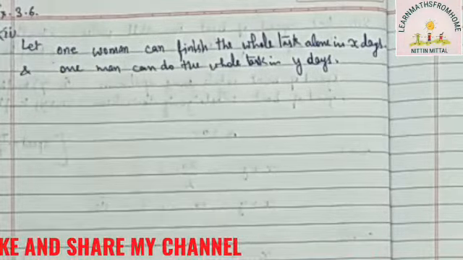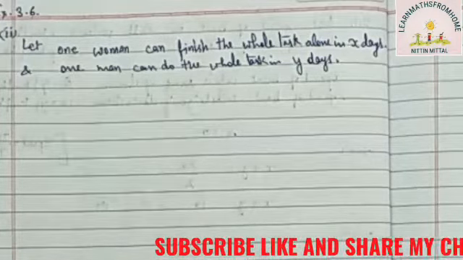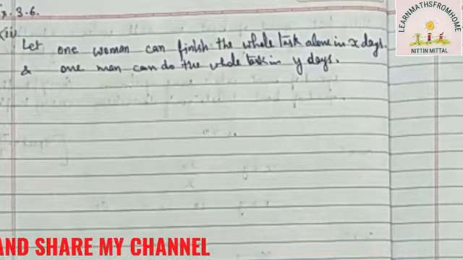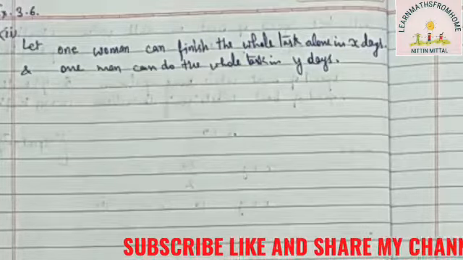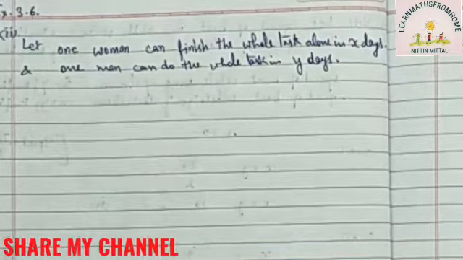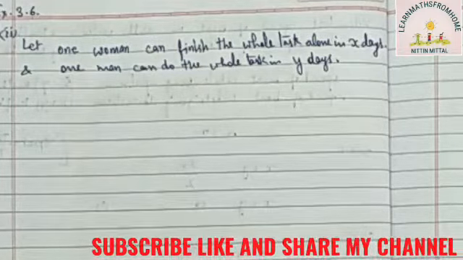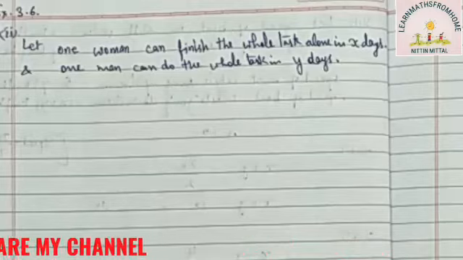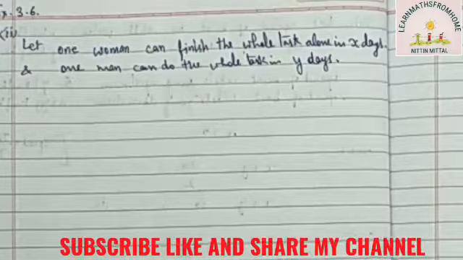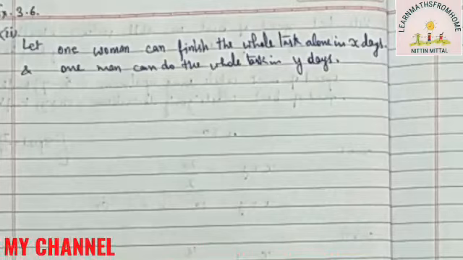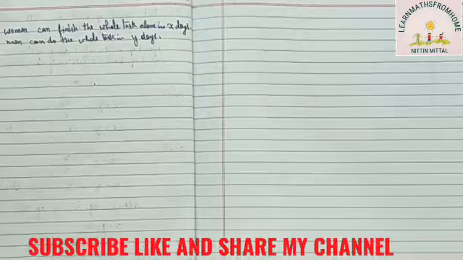Now how to move in this question? Obviously the working efficiency of women and men will be different. Now in these questions, especially in this chapter, we are going to have one assumption: suppose there are 5 women or 10 women, all the women will work with the same efficiency and all men will work with their same efficiency. Like if 1 man can finish the whole task in Y days, it means that man can be any ABC, it doesn't matter.